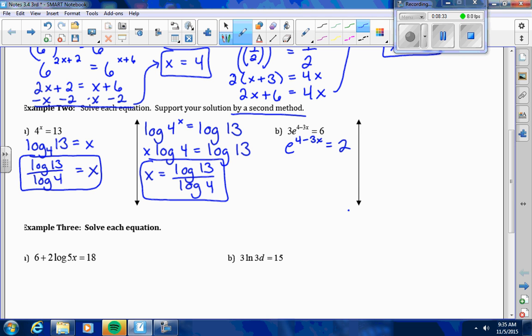And when we convert it into a log, if it's a base of e, which log are we converting it to? Natural log. So natural log of what? Base e of 2 equals 4 minus 3x. Good. Now what do I do?